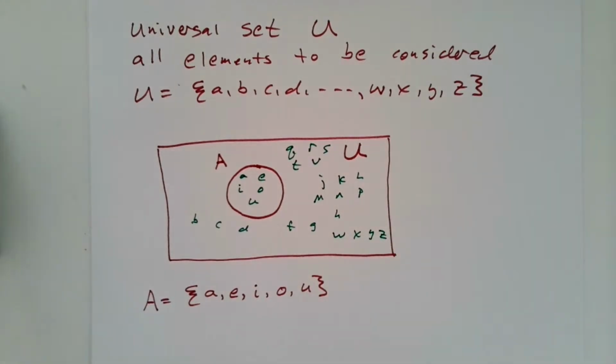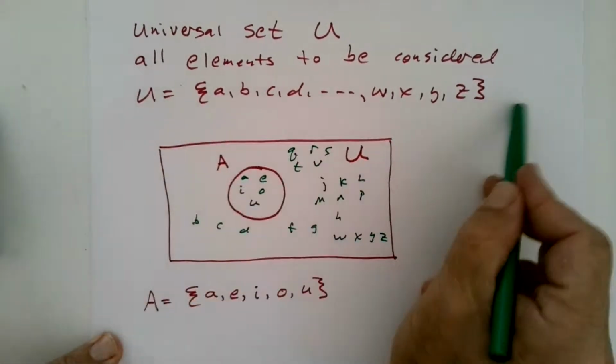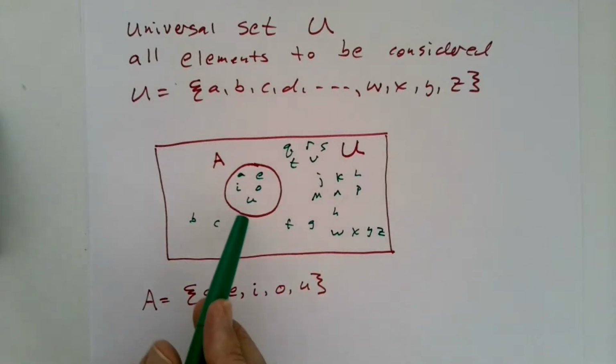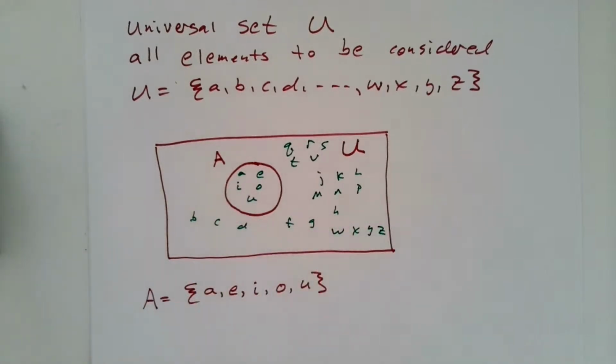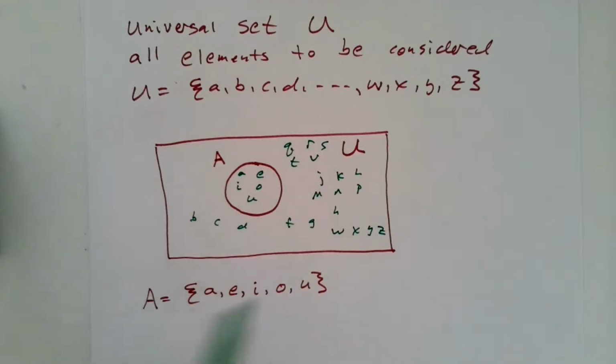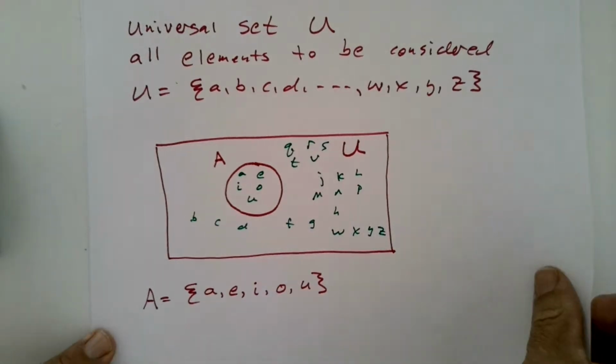Y, Z. So it's just kind of a visual representation of what that set looks like. So again, our universal set, all elements to be considered. A is a subset, a subcollection of elements in that universal set U. And all of those letters that are outside of A are going to be something called the complement of A that we will look at shortly.